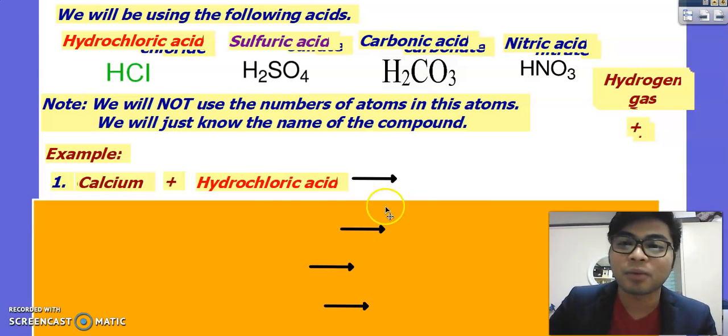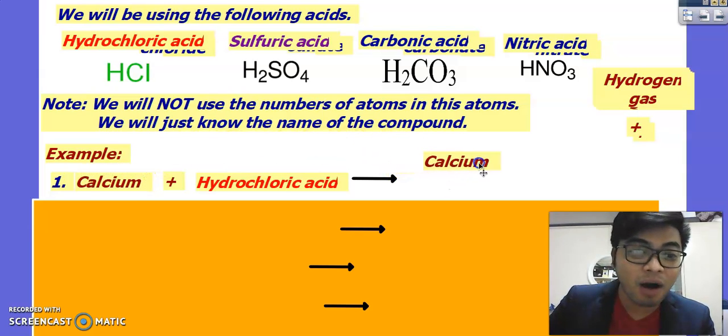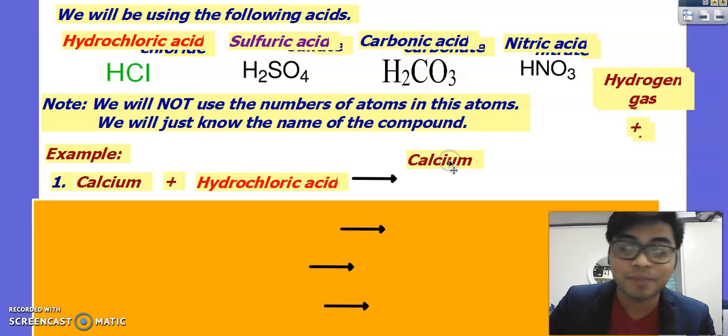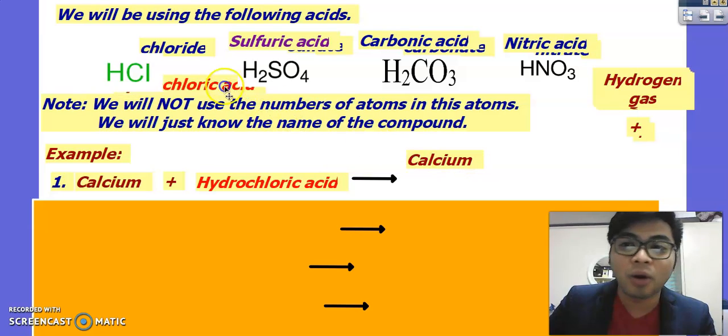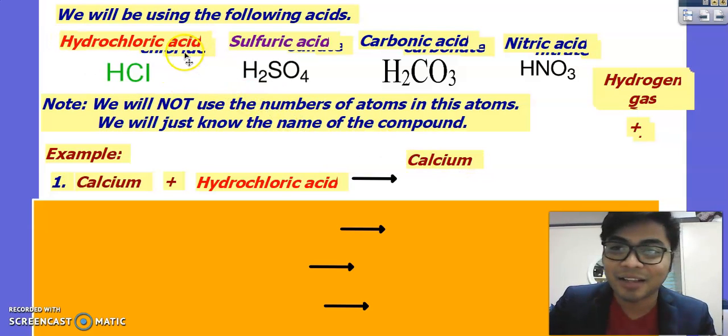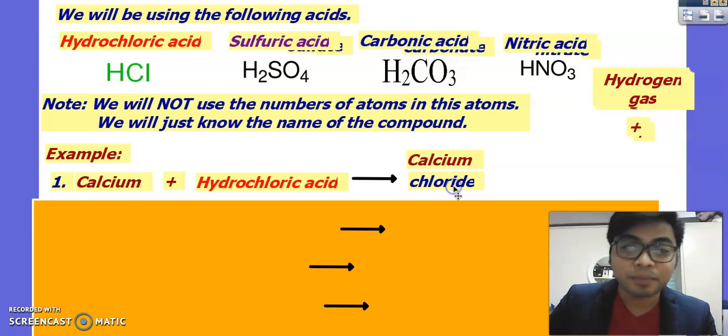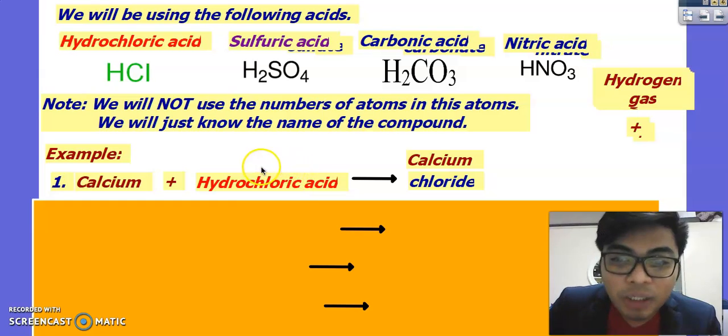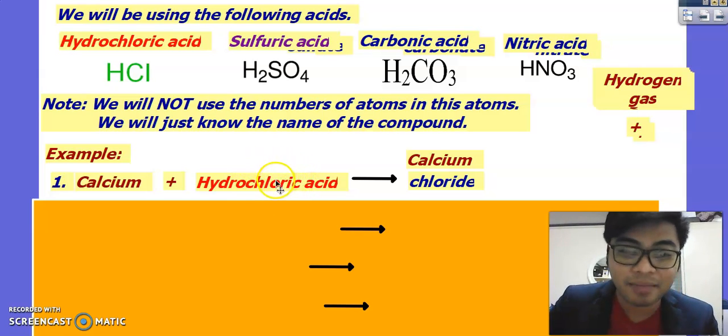In example number 1, I have calcium reacting with hydrochloric acid. So what will be our product? First, write the name of the metal. We have calcium, which is the metal. After that, since hydrochloric acid reacts with calcium, we will be getting only the chloride out of that. Because the HCl, or hydrochloric acid, contains chloric, the chloric here means chloride.